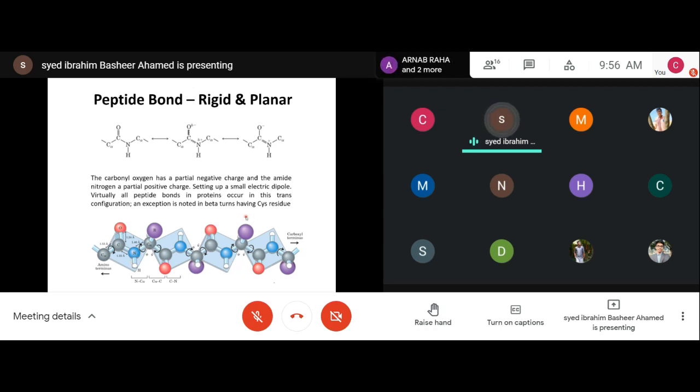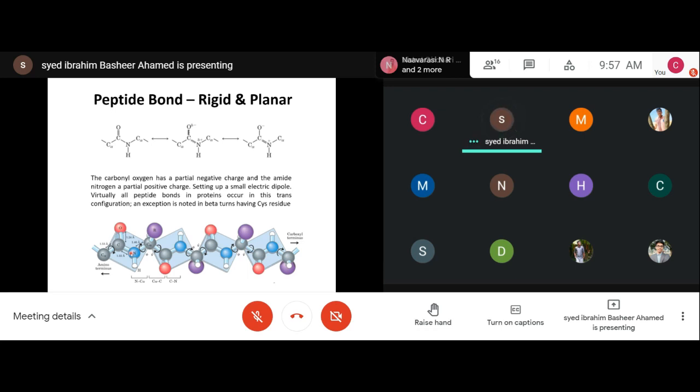Only in the case of a beta turn, which we will see in following classes, it will not maintain trans configuration. In that case the carboxyl group and NH group will face the same side, and that is called cis configuration. So only in exceptional cases will you have a cis peptide bond. Otherwise, you always get a trans peptide bond.